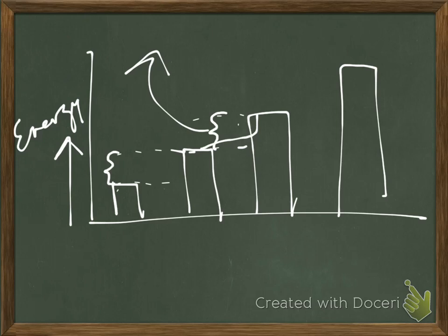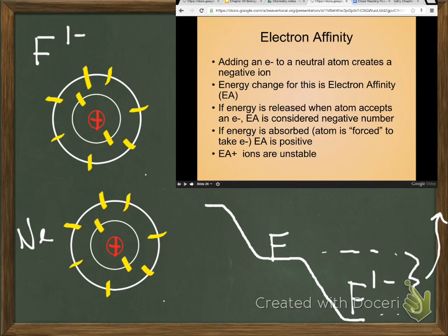If the state that you're going to is lower energy, energy gets released out into the environment. If the state you're going to is higher energy, that energy is absorbed by the system or the atom or whatever. So fluorine 1 minus is lower energy. It's a more stable form. Remember what we said about the whole universe? It is lazy.